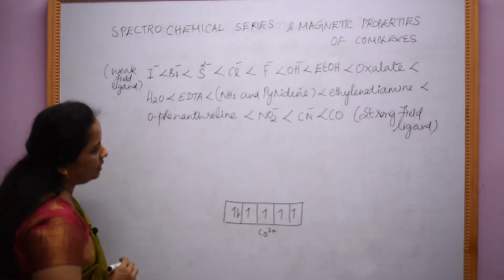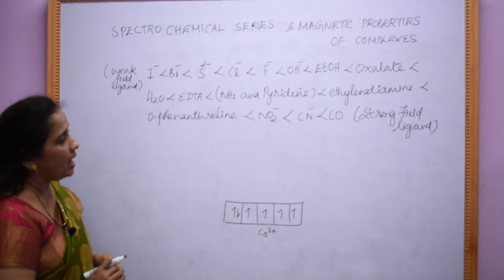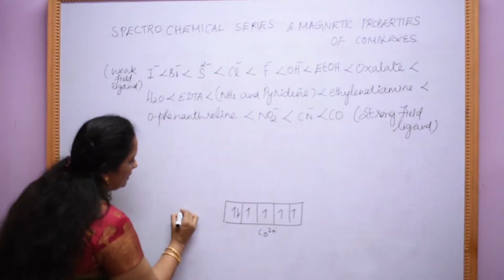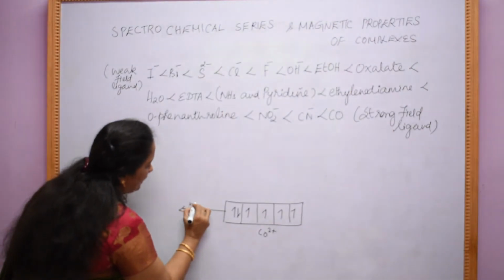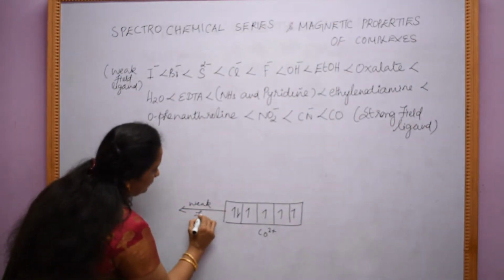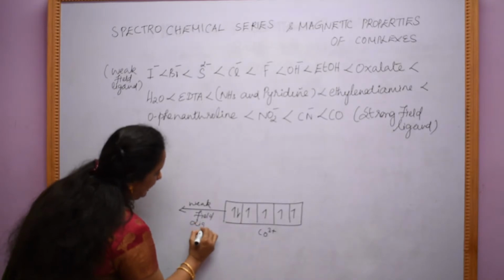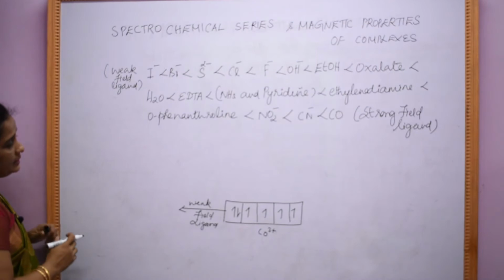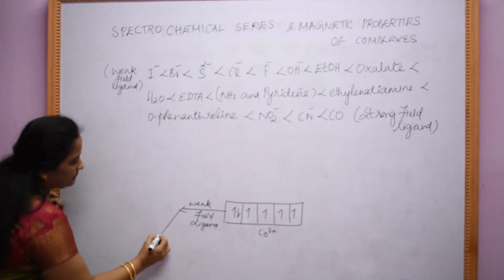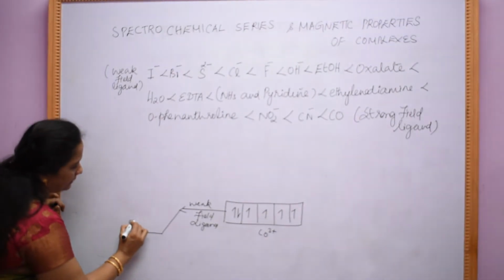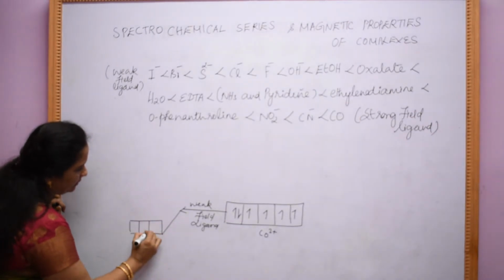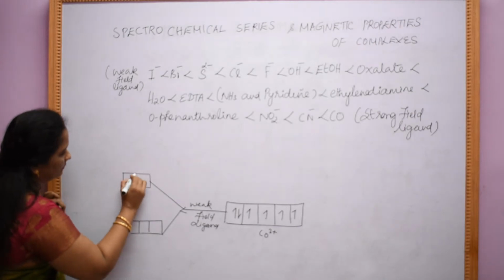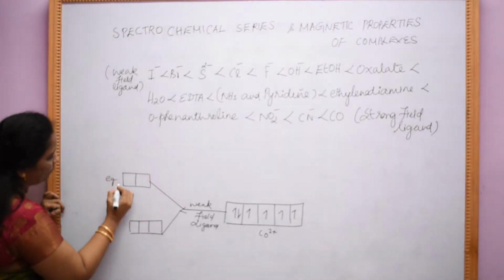Let us see how the splitting happens under the influence of a weak field ligand and a strong field ligand. Suppose I have a weak field ligand like halogens, I minus, Br minus and Cl minus. Here the splitting is to a lesser extent. This is your Eg set of orbitals.